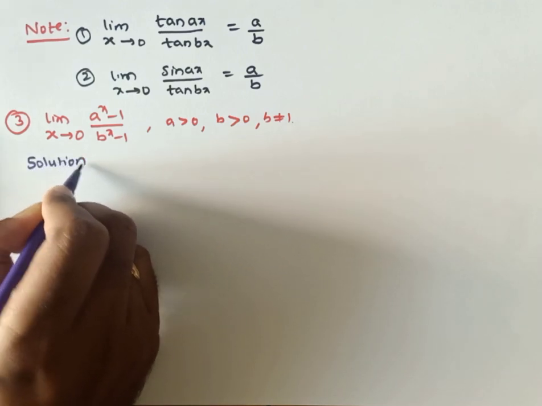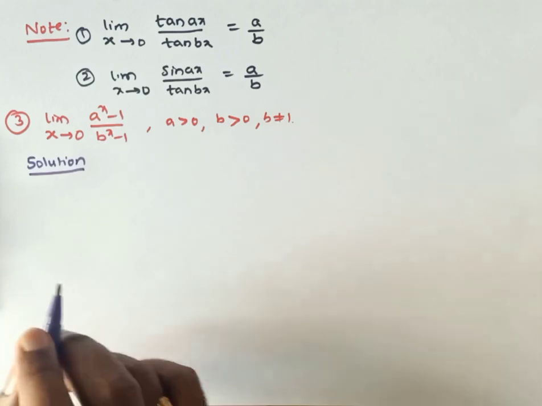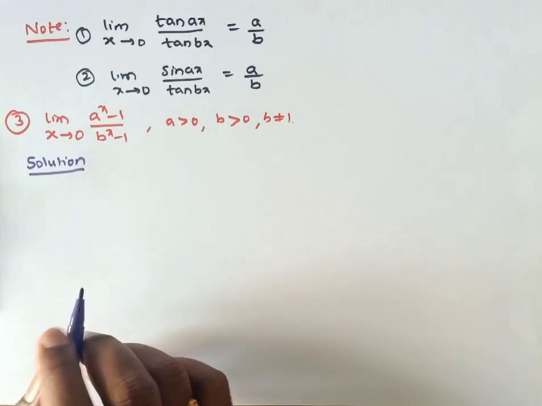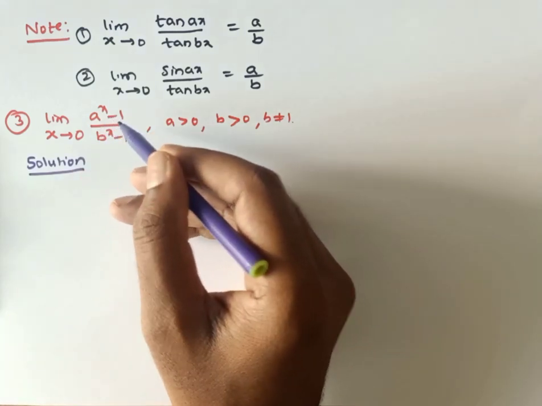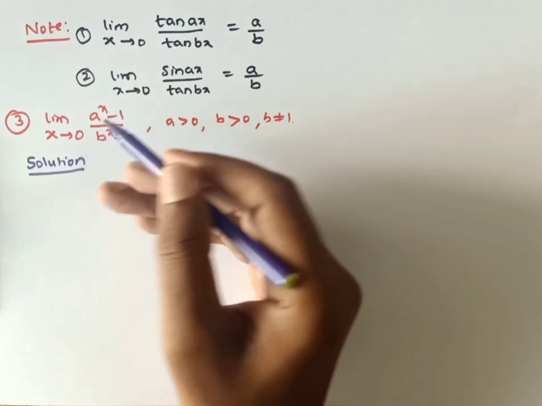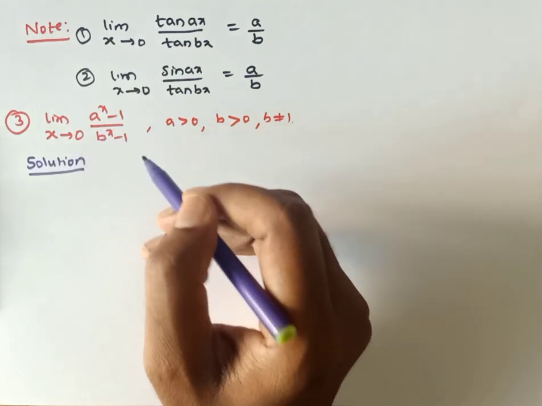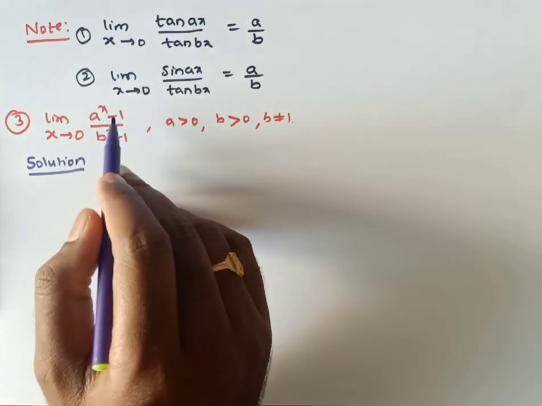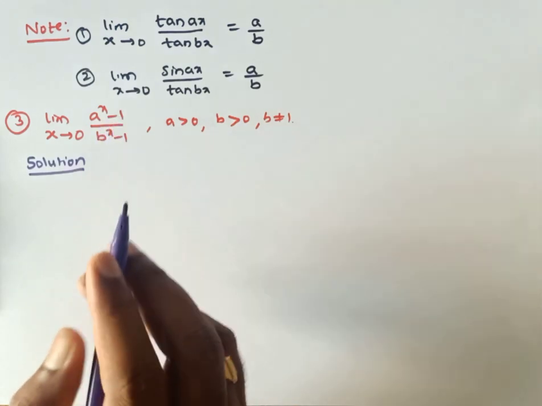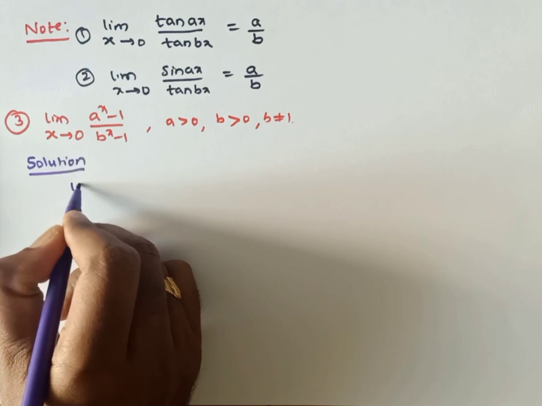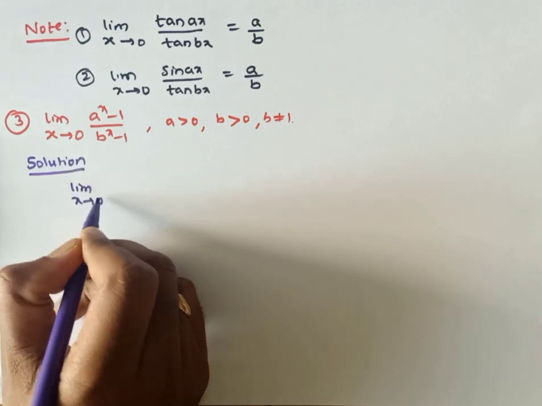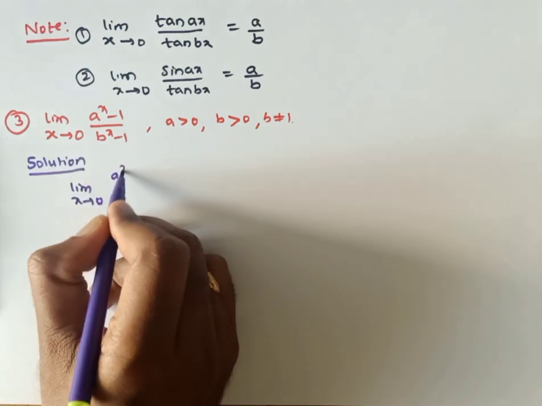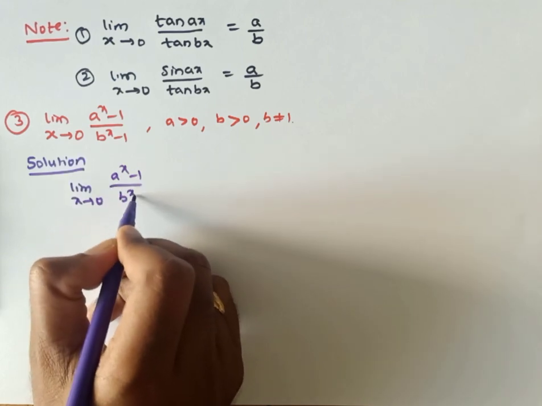We have a formula: limit x tends to 0 of a to the power x minus 1 by x is log a, not 1. So you need to create the problem like this: a power x minus 1 by x and b power x minus 1 by x. So divide the numerator as well as the denominator by x. Here the limit x tends to 0 of a power x minus 1 divided by b power x minus 1 is given.